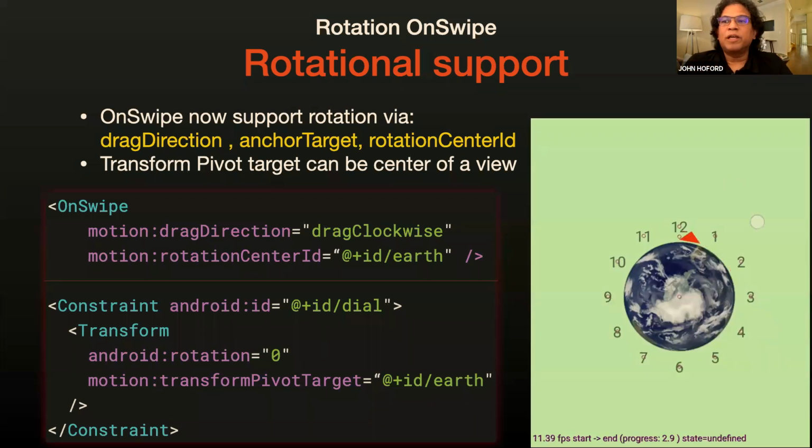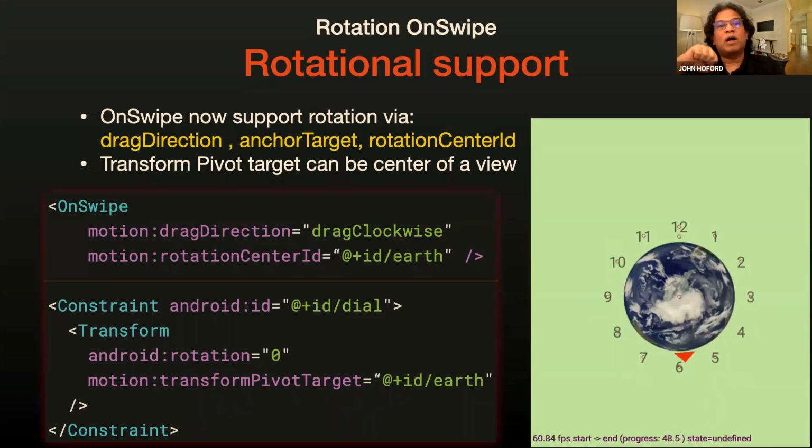The other thing we have is OnSwipe, which we were using before for drag and so on. It now has a polar mode, where you can say rotation center ID, and it will accept inputs about that rotation. You can also give it a center location.